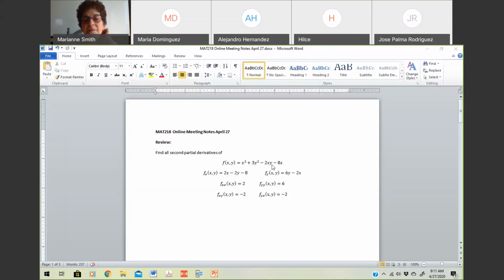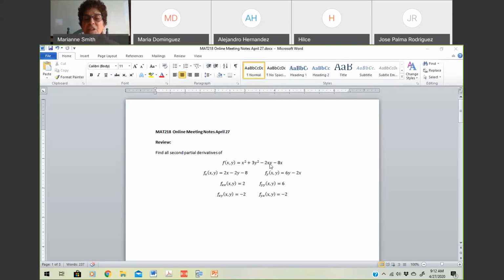This term, negative 2xy, since I'm differentiating with respect to x, I'm treating the x like the only variable. And the negative 2y will be a coefficient because negative 2 is a number, and y is being held constant when I'm taking the partial derivative with respect to x.